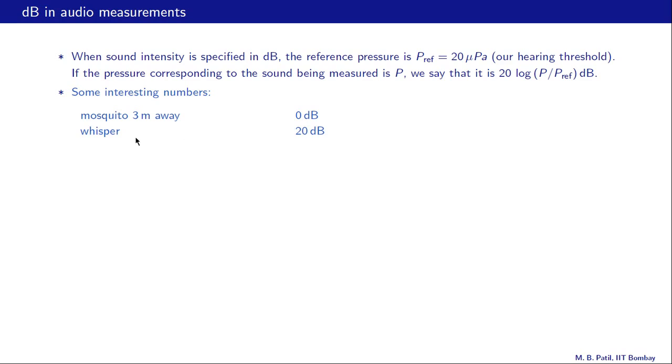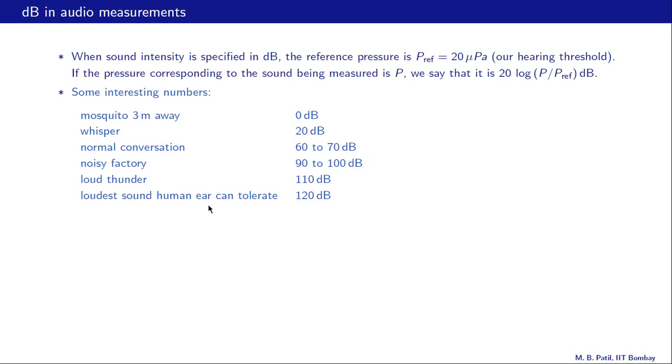A whisper is 20 dB. Normal conversation 60 to 70 dB. Noisy factory 90 to 100 dB. Loud thunder is 110 dB. Loudest sound that we can hear or we can tolerate is 120 dB. If the sound is louder than this level, then our ears can get damaged.